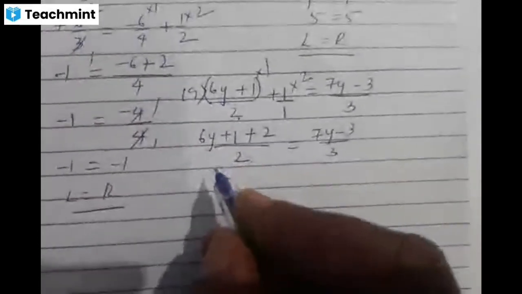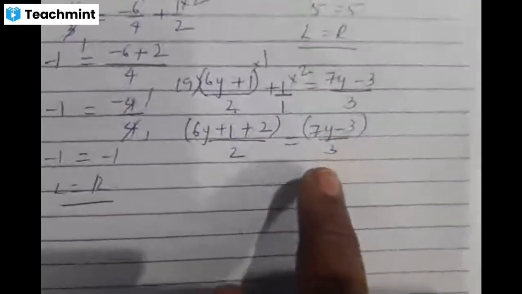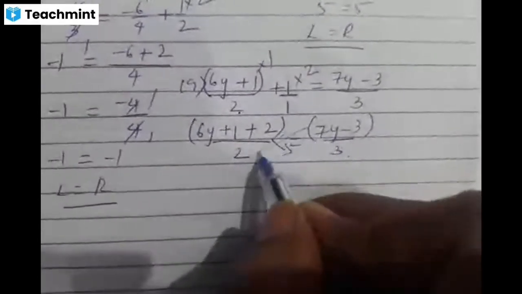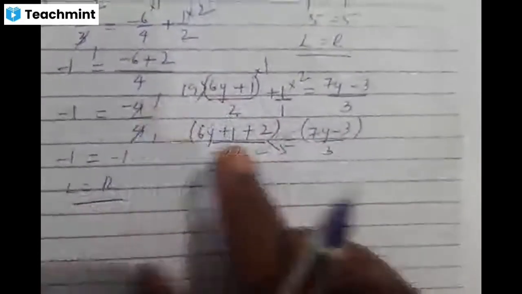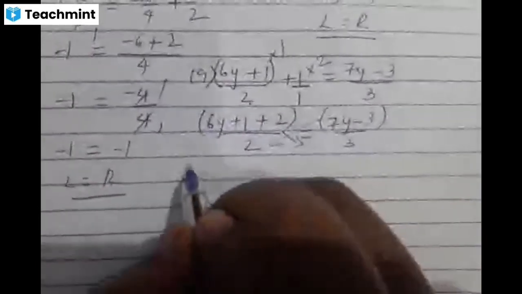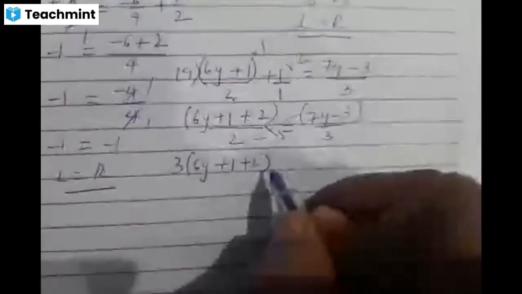Now what I am going to do is cross multiply. Cross multiplying, you know, this is multiplied with 3 and this complete is multiplied by 2. So by 3 if I send it, it will become into 3. By 2 if I send it to the right side, it becomes into 2. See how it is? 3 into (6y plus 1 plus 2), which is 3.